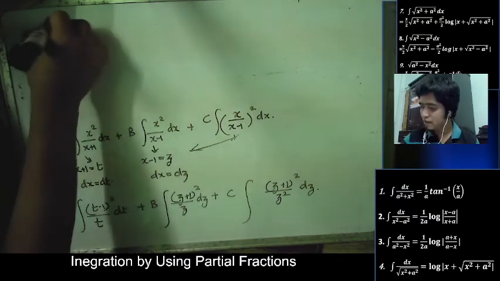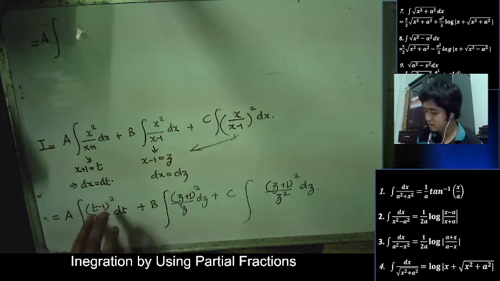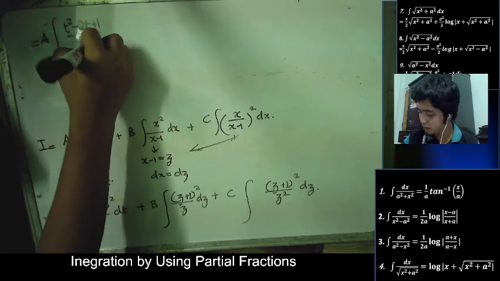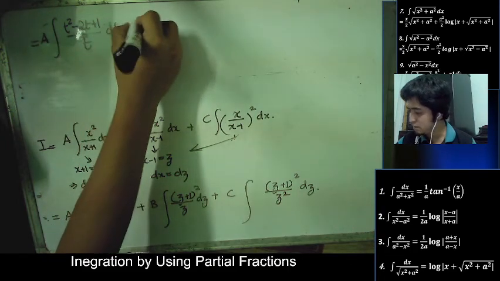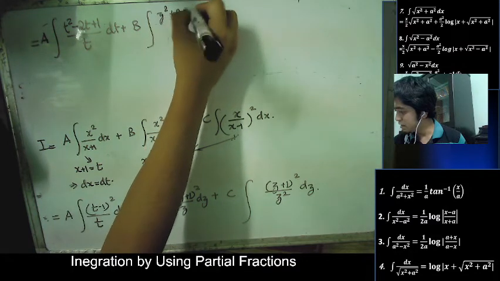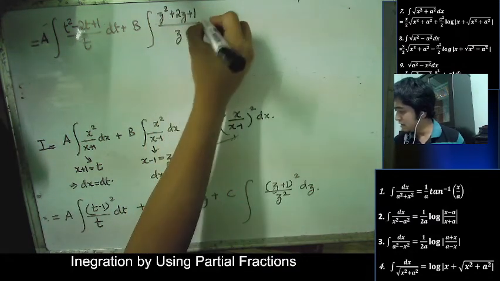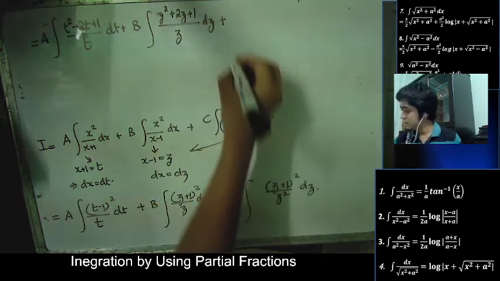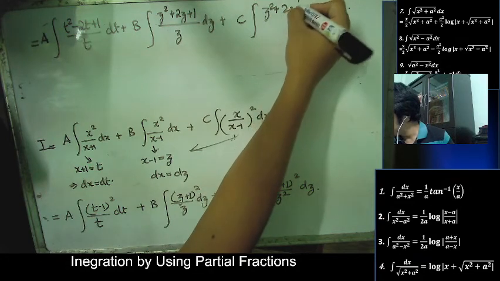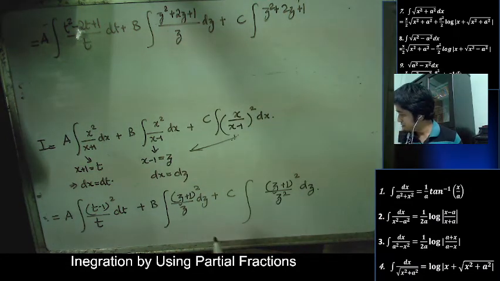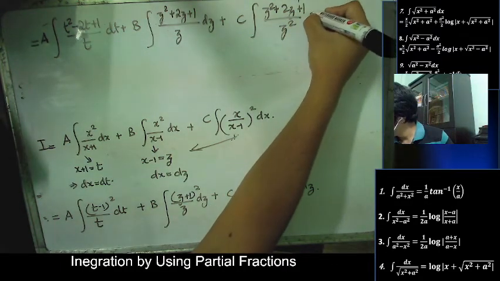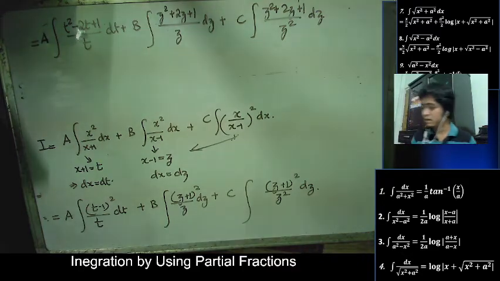Now this one, how will we integrate it? We just square this one. It will be t squared minus 2t plus 1 upon t dt plus b integral of z squared plus 2z plus 1 upon z dz plus c integral of z squared plus 2z plus 1 by z squared dz.